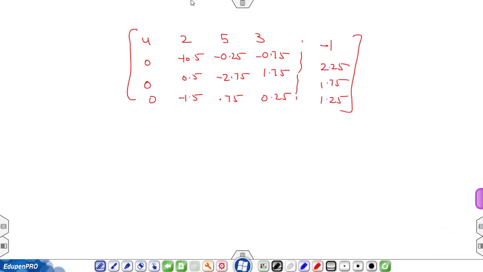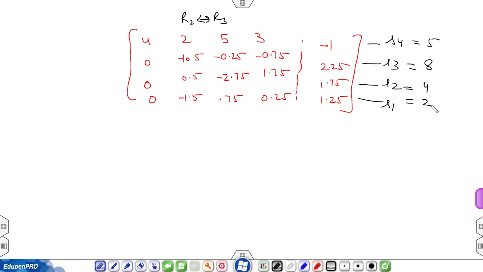So we have changed R2 to R3. So we are getting here, this is your S4. Now this is your S3, S2, and this is S1, because these values are changed. These values are: S4 is 5, 8, 4 and 2.